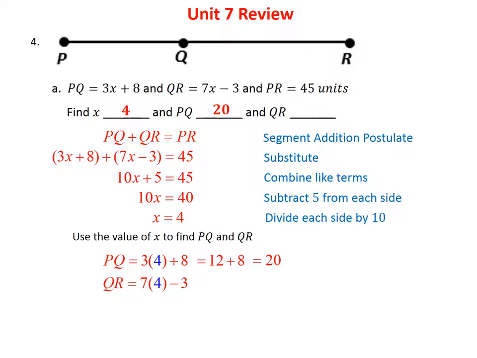Likewise, QR is 7 times 4 minus 3, or 28 minus 3, which is 25. Now the great thing about these problems, particularly on a test, is you can check to see if they're right. Do those two actually add up to 45? The answer is yes, 20 and 25 equal 45, so we know we got this problem.